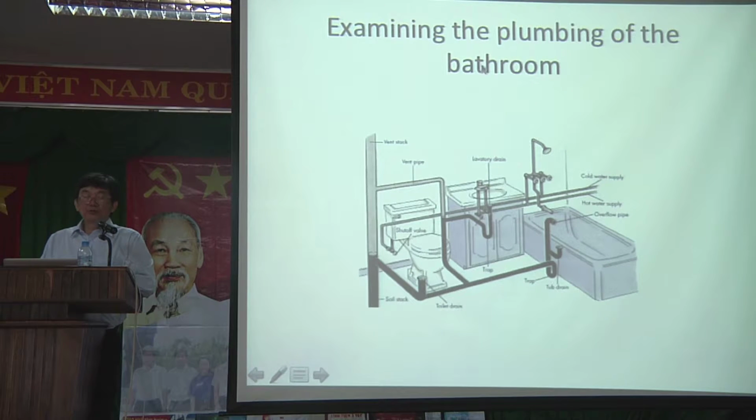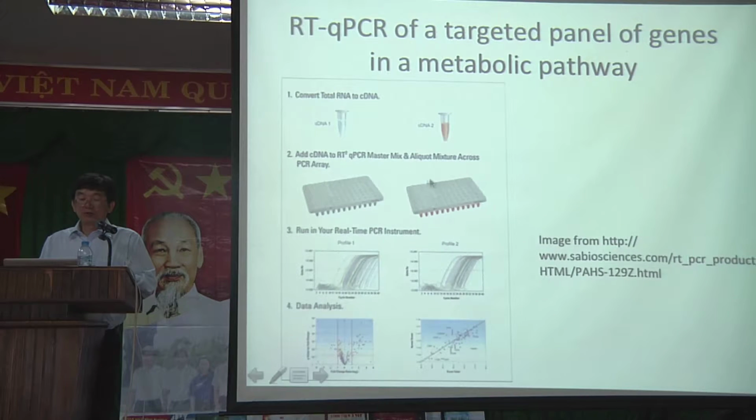In order to figure out what's inside the box, we have to look at things in close detail. It's like examining the plumbing in the bathroom instead of looking at the plumbing in the whole house. So the methodology is not like the whole genomic or transcriptomic type of analysis that analyzes thousands and thousands of genes.